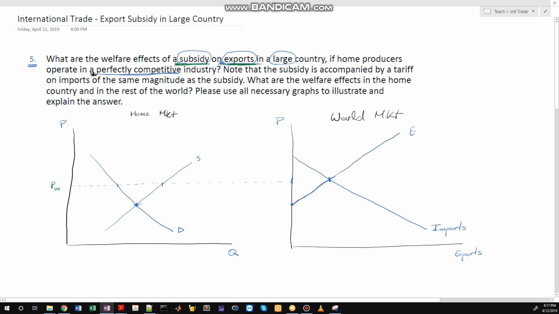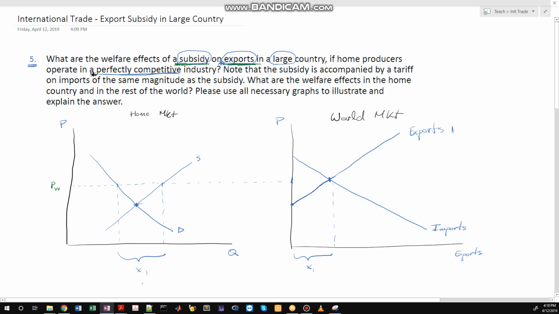So this is the initial exports 1. Okay, and this exports here is going to equal this quantity over here. So this is exports 1.